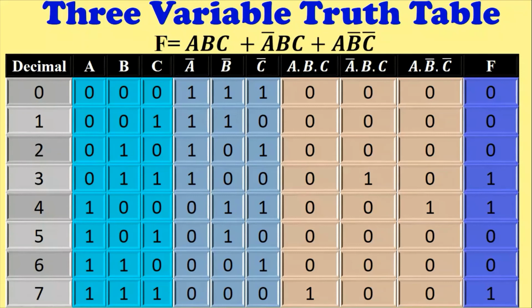And after that the last one is called F. You have to calculate the final value of the given function, and you have to fill in all these values we have already calculated. The first value of A dot B dot C is 0, and this one, A bar dot B dot C, is also 0, and this one is also 0. That means you have to fill into this equation and get the answer, meaning you have to add.